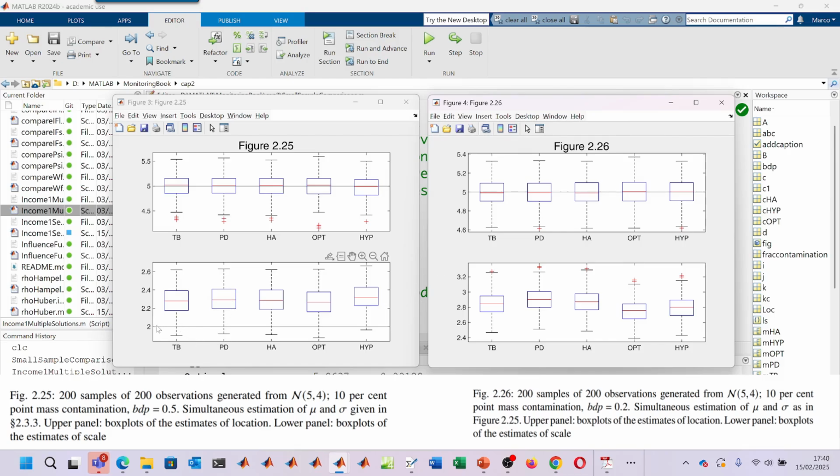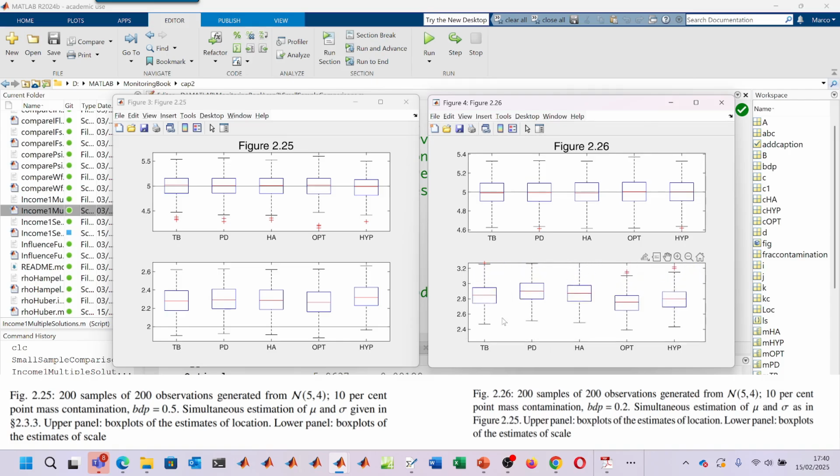Finally, notice the distribution of the estimate of scales. Here you can see the black horizontal line which refers to the true value of sigma. Here you cannot, or well, it is down here, it is hidden. So this implies that it is better to use a higher value of breakdown point to estimate the scale, but the point is that if you use a higher value of breakdown point, you have a greater variability of the estimates.